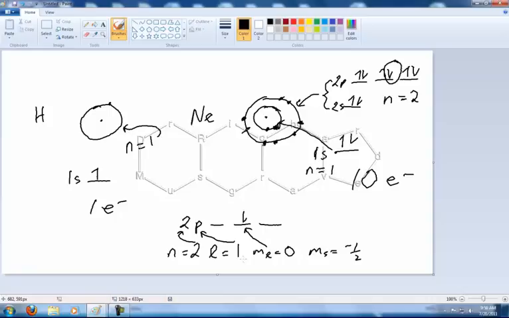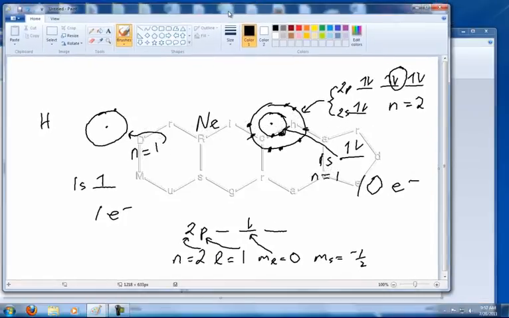If it was 0 it would be s, 2 is d, 3 is f. And we've got 1, 2, 3, so m sub L can be negative 1, 0, or 1, and it's in the 0, so m sub L equals 0, and since it's pointing down, m sub s equals negative 1/2. Alright, let's go back to the diagram I've got over here.